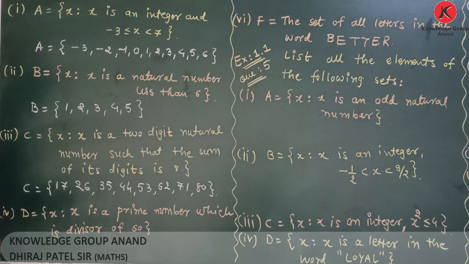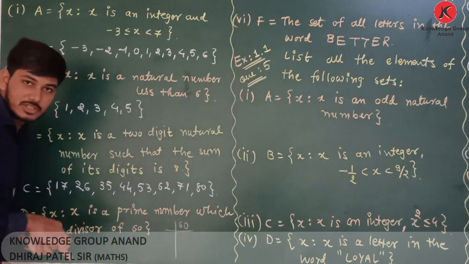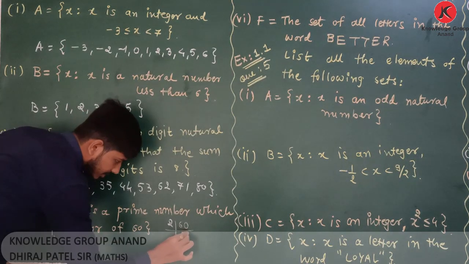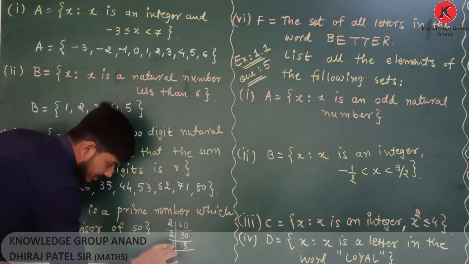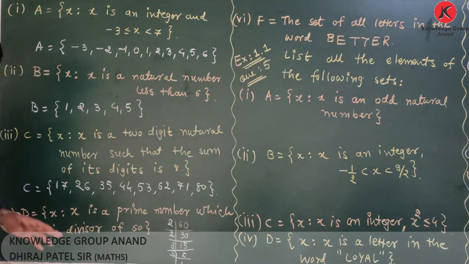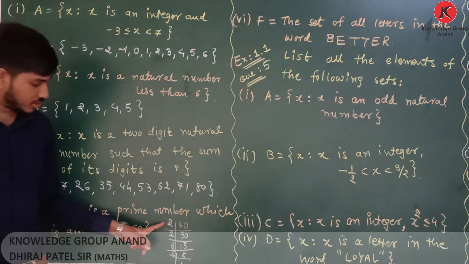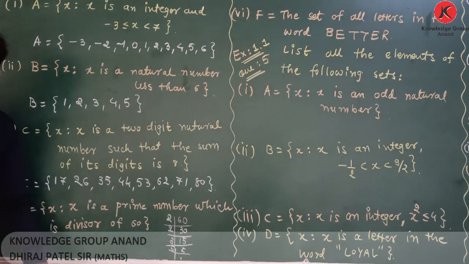You can find them by this method. First of all 2, then 30, now this 2, 15, now going for 3 we are getting 5, then 5, 1. Clear? Therefore the prime factors of 60 are 2, 2, 3 and 5.